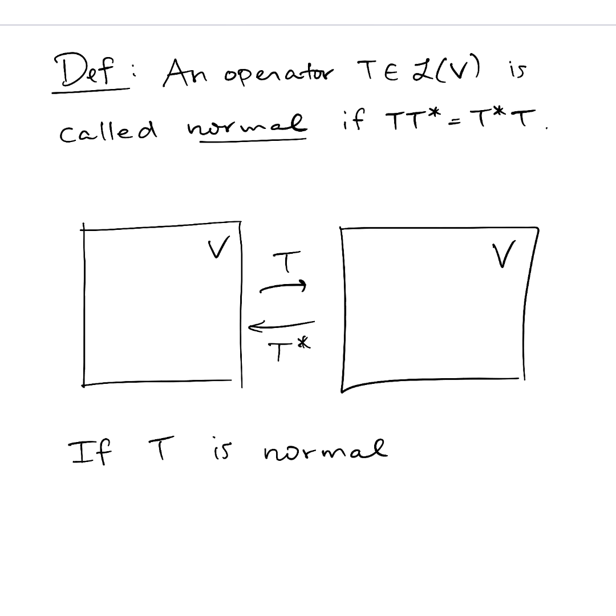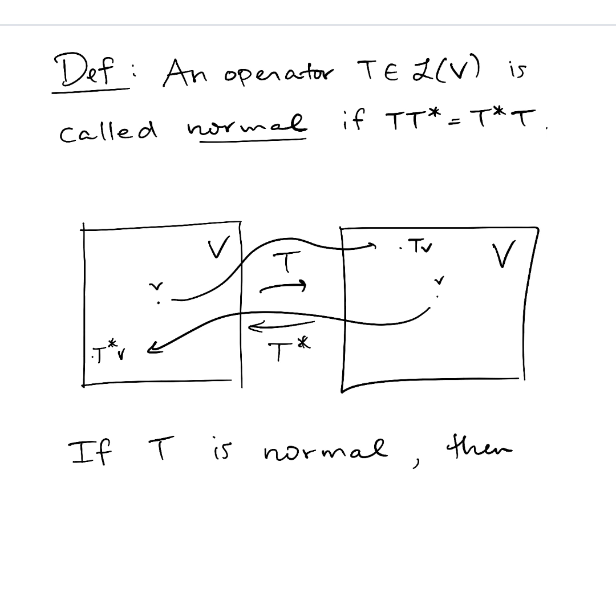If T is normal, then when you take a V, which remember is on both sides of this picture, if you take a V and you do T to it, you just get some other vector in big V. Or if you do T star to it, you just get some other vector in big V. Now, self-adjoint means those two vectors are the same. Literally the same, because T and T star are the same mapping.